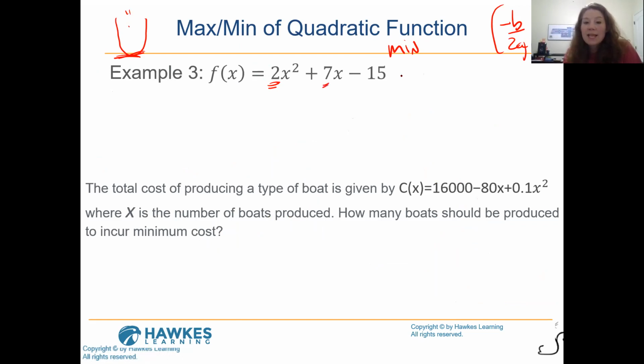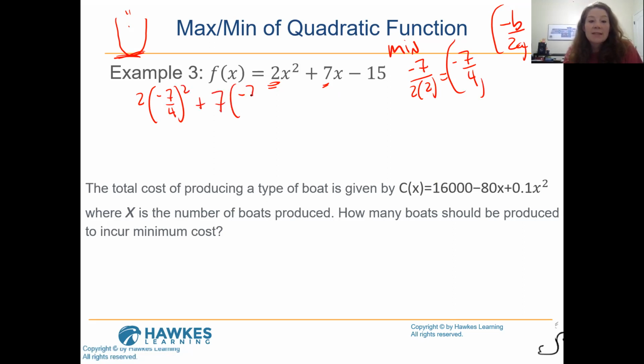So the opposite of 7 is negative 7 over 2 times a, which is 2. So we have negative 7/4. That's our x value. So then we're going to plug in negative 7/4 squared plus 7 times negative 7/4 minus 15. That definitely looks like a calculator problem.